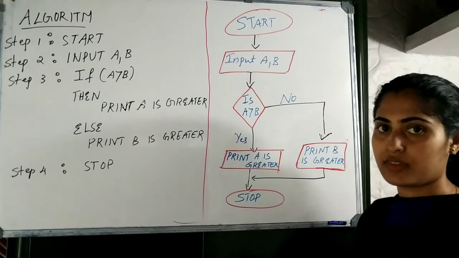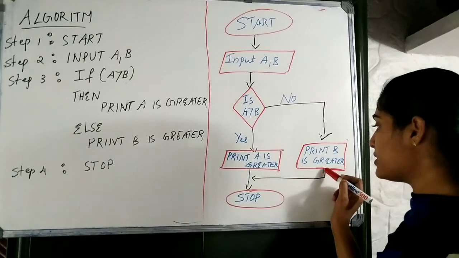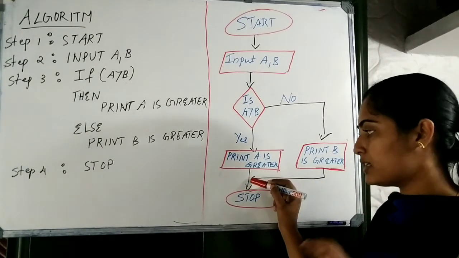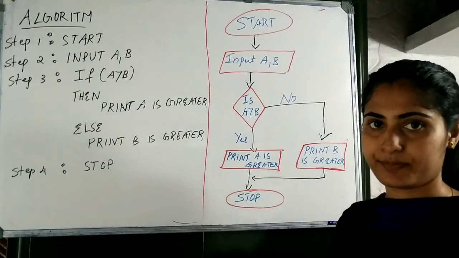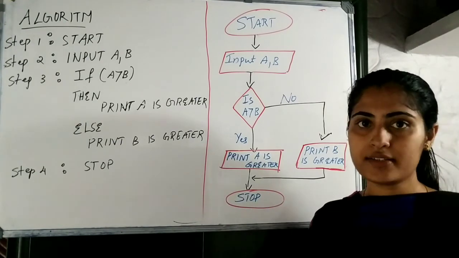And see, the arrow that comes from the no will go and join over here, and a single arrow is the one that goes over to the stop symbol. At last, I'll draw the oval shape and I will write stop over this.